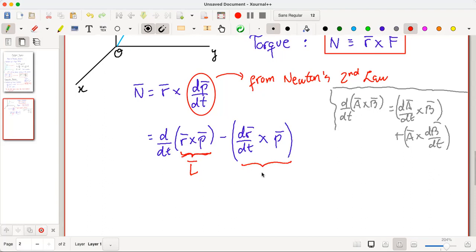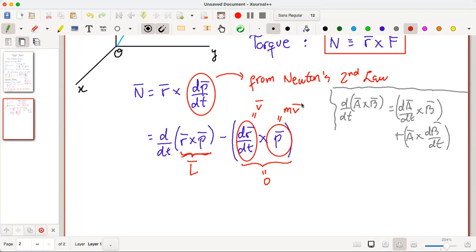This is correct, but why? Since this is just v, and we know that p contains v as well, m times v, basically this is v cross itself, v cross v.